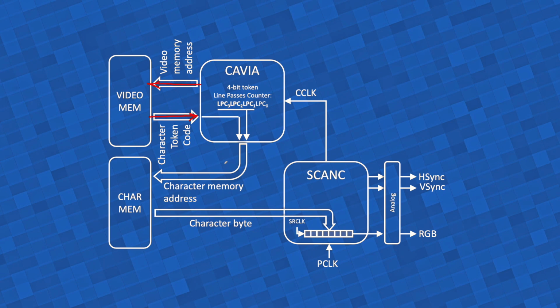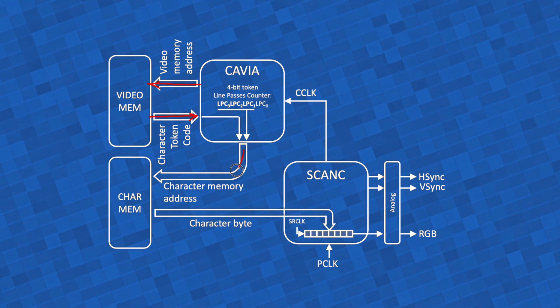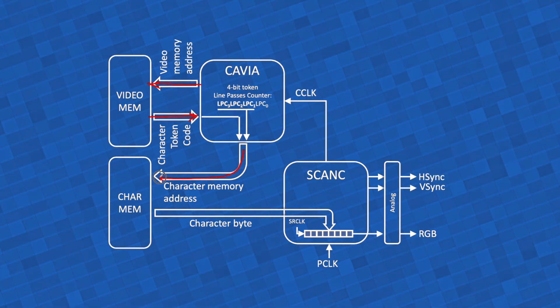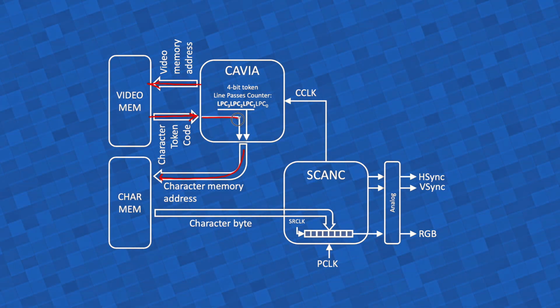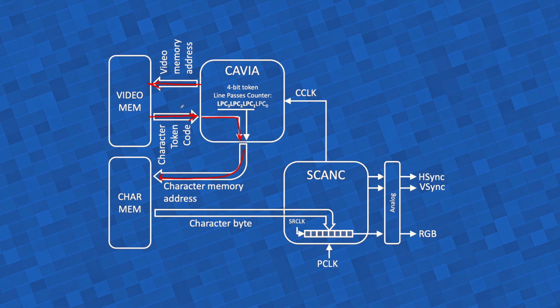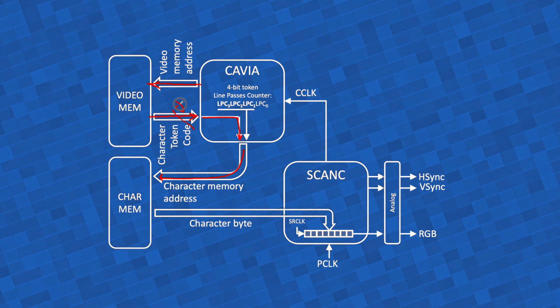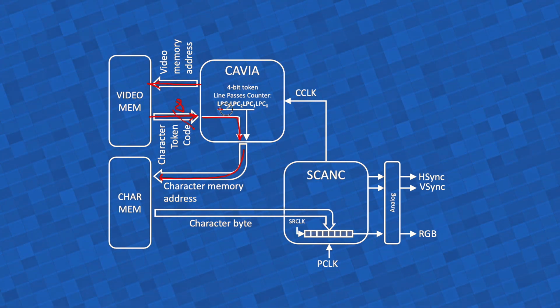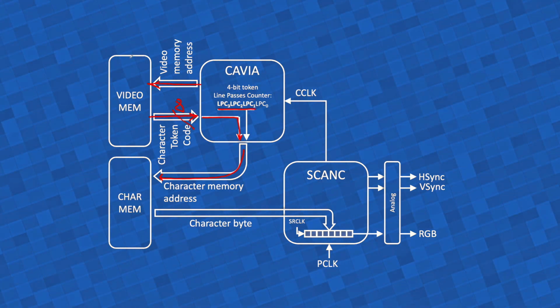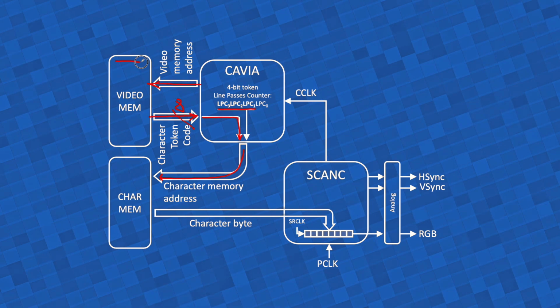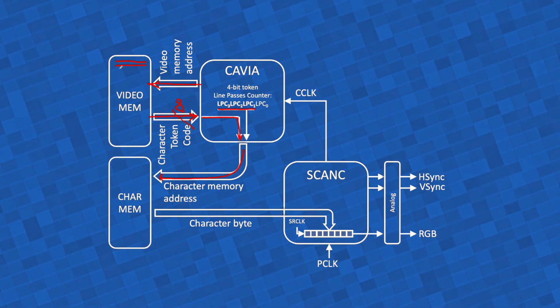And then CAVIA also constructs a character memory address to index, of course, the character memory, and that address is constructed with the 8 bits of the character code, and then 3 other bits from the token line passes counter, which helps CAVIA scan each token line 16 times.